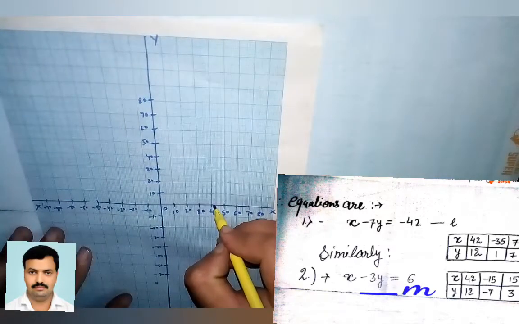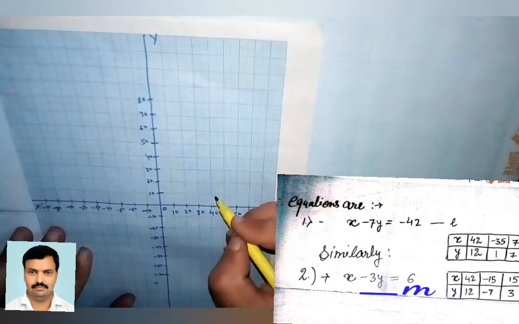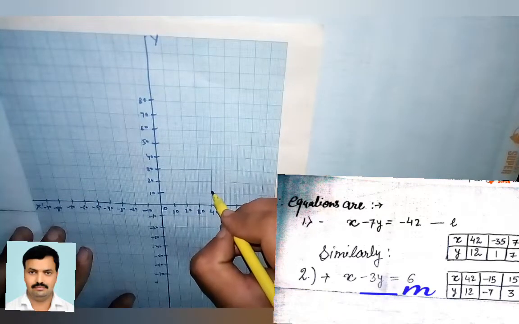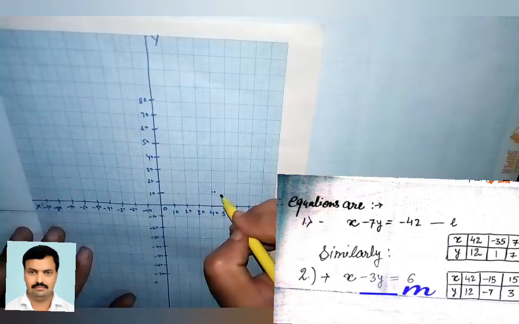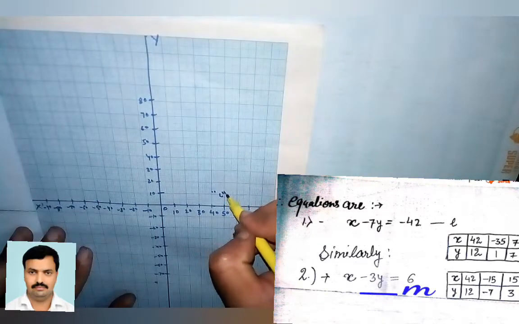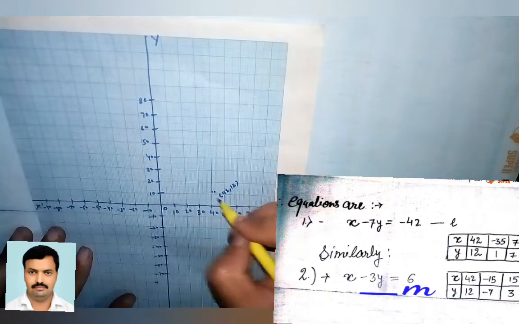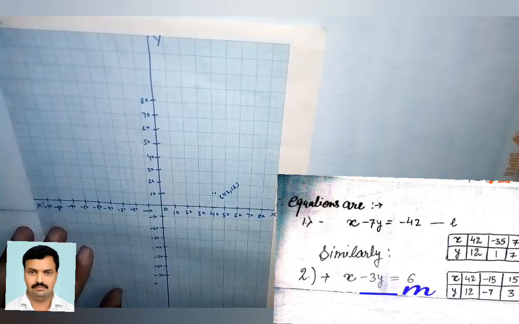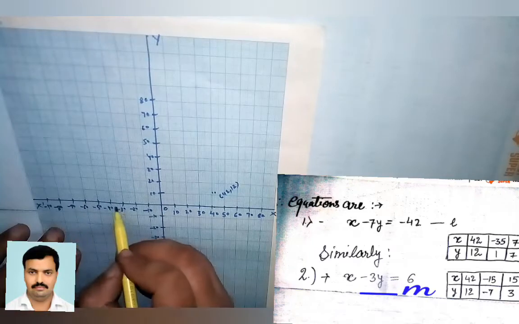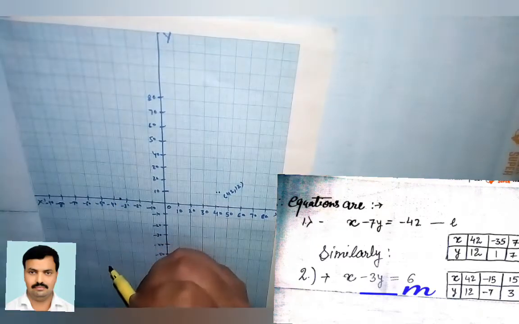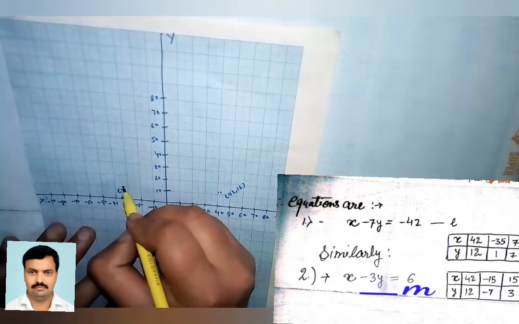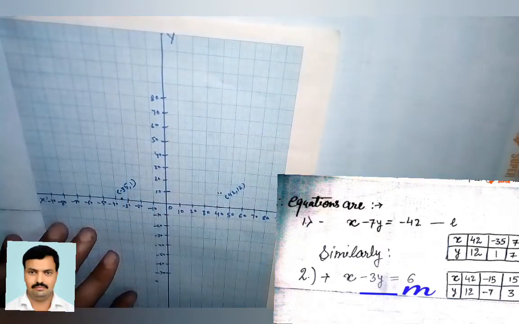Now remember your table. The first x, y is 42, 12. X is 42 and y is 12. So from the x-axis 42 and from the y-axis 12. Mark the second point, that is minus 35, 1. So from the x-axis minus 35 and from the y-axis 1.